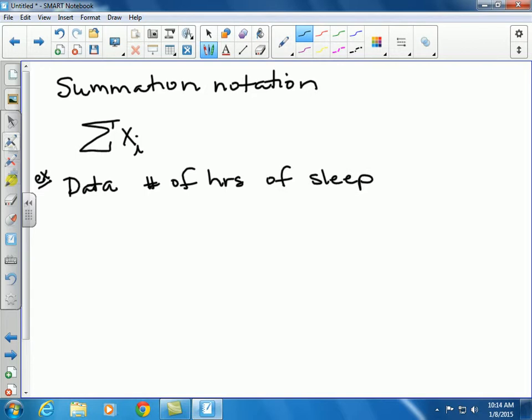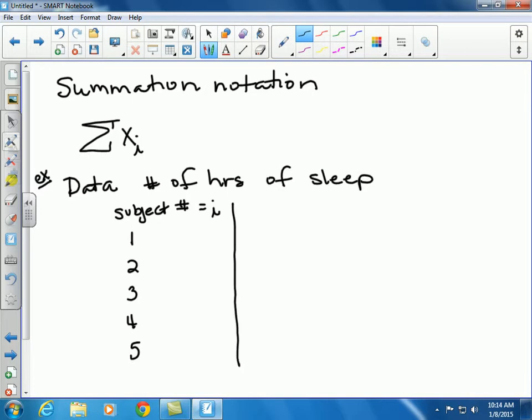And you have then your subject number. This would be like just the count column in an Excel spreadsheet. So the subject number is always the I, the indexer. So we have subject number 1, subject number 2, subject number 3, subject number 4, and subject number 5.